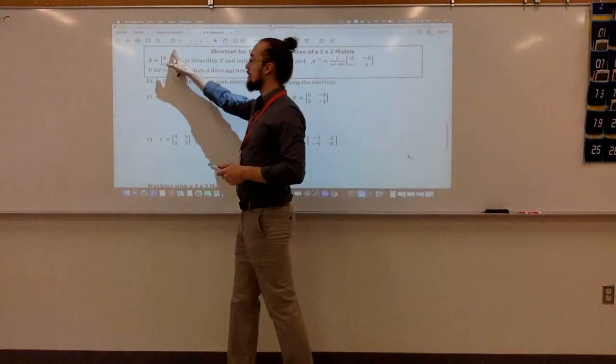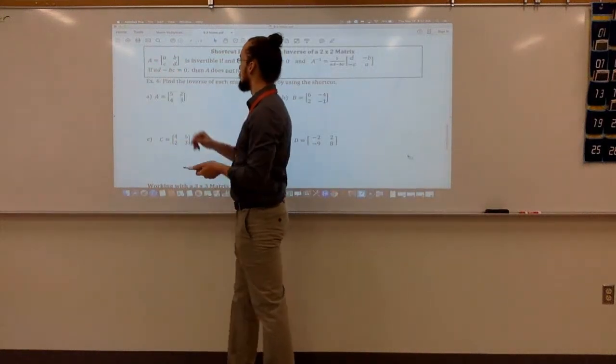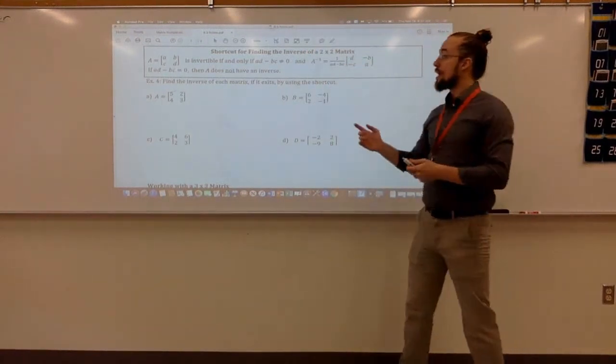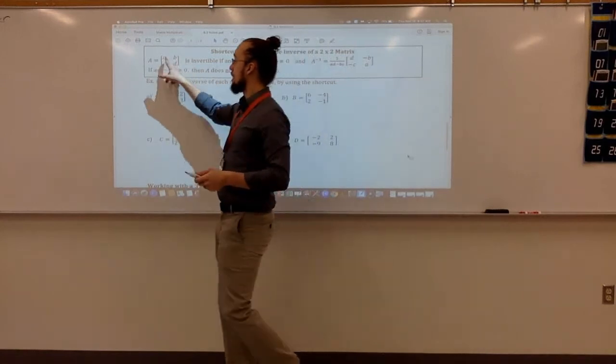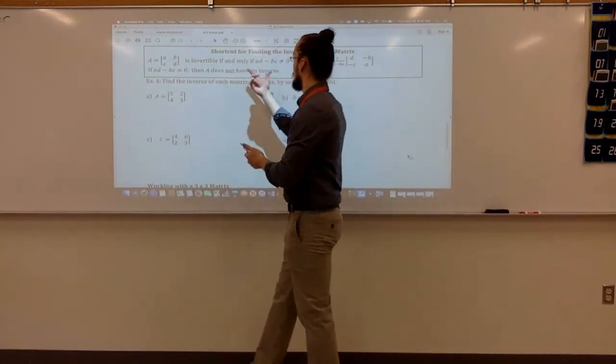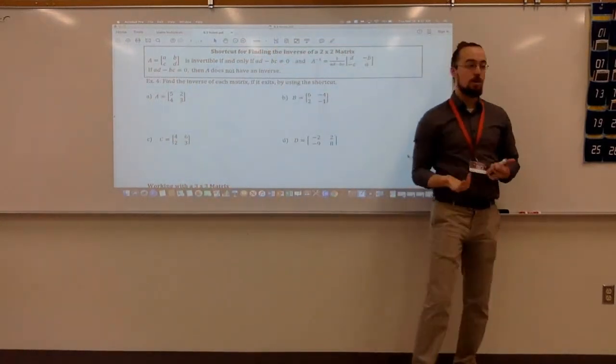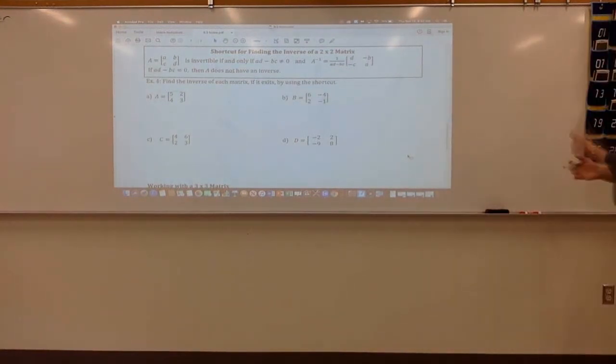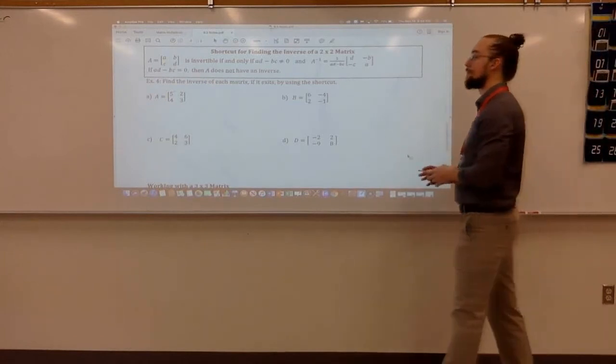Okay? If I have some matrix with entries A, B, C, and D, first of all, it only has an inverse if when I multiply A times D, B times C, and subtract them, that's not 0. Okay? That combination, A times D minus B times C, cannot be 0.